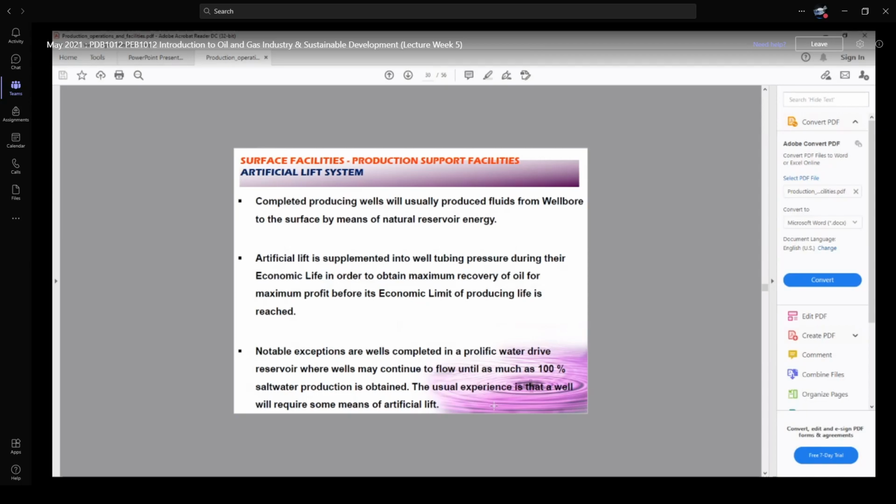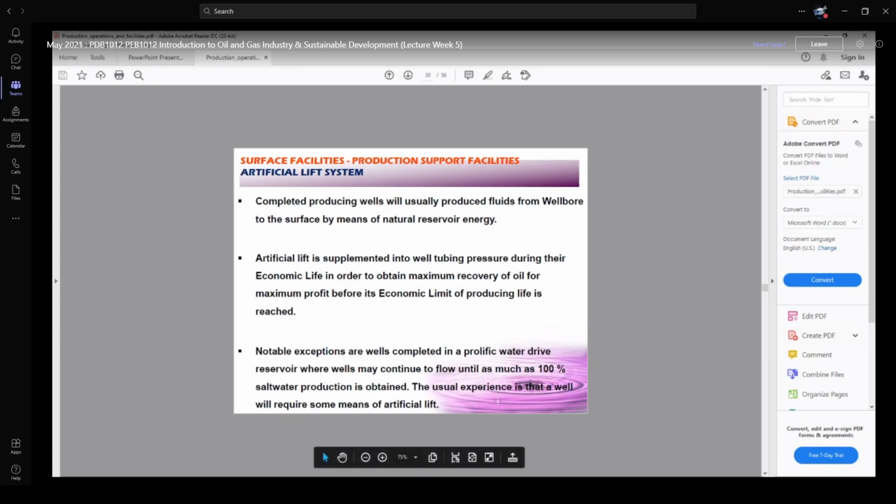If we have a water drive, it is possible that we can continue producing with that natural water drive until 100% salt water is coming, with no oil and no gas.